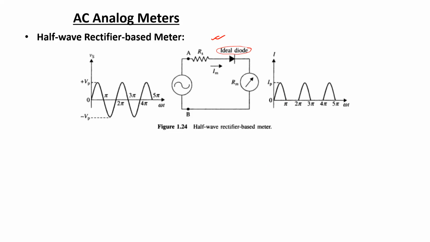But in a practical scenario, the diode normally carries a very small amount of reverse leakage current. So if that reverse leakage current is considered, then the average value of the current will decrease a little bit from the calculation done in the previous expression.